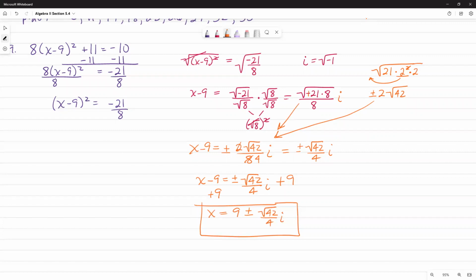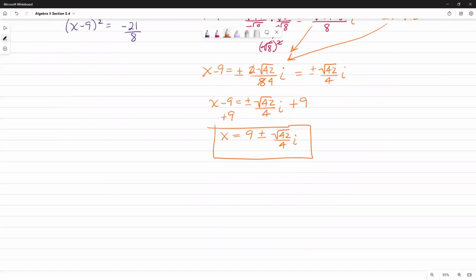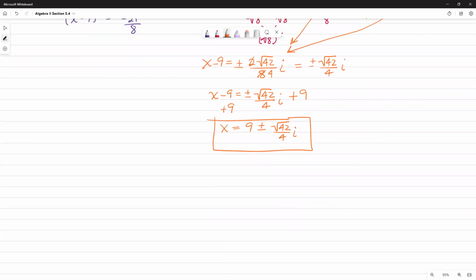Okay, the next one was 32. So for 32, let's see. Okay, so using the formula h equals negative 16t squared plus vi, the initial velocity, times time, plus the initial height.